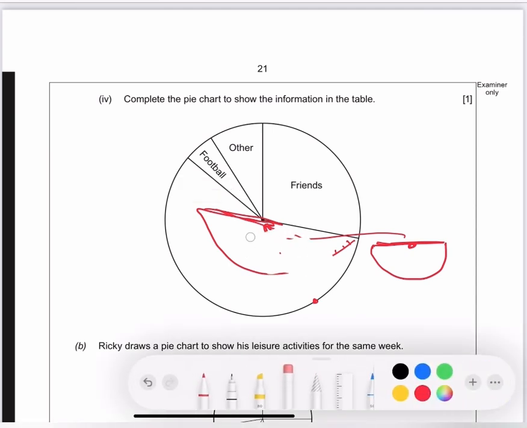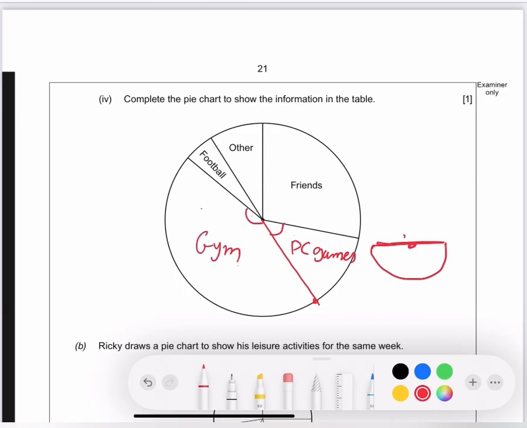It looks a bit messy here, but you're going to measure. So put the protractor's middle in the center of the circle and align one side of it with that. So this is your angle for PC games. No need to measure the other angle because that's the only one which is left, and that is your gym.